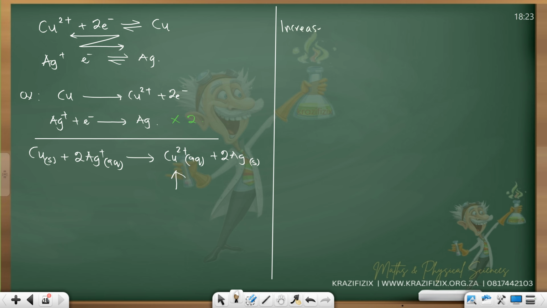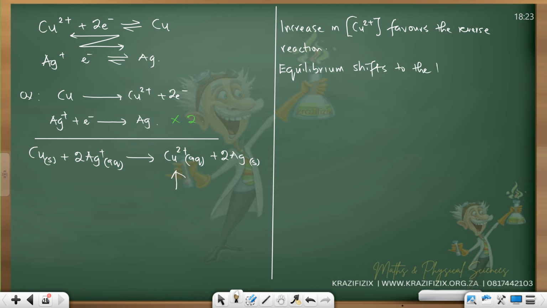An increase in the concentration of Cu2+ favors what? The reverse reaction. Equilibrium shifts to the left.